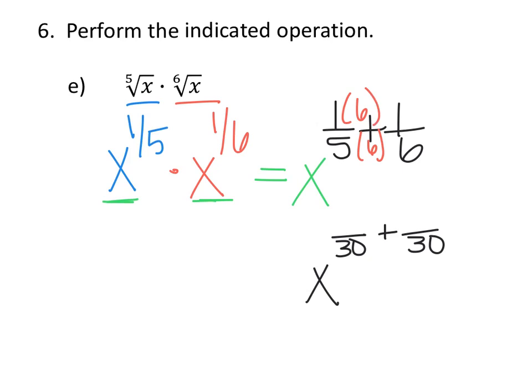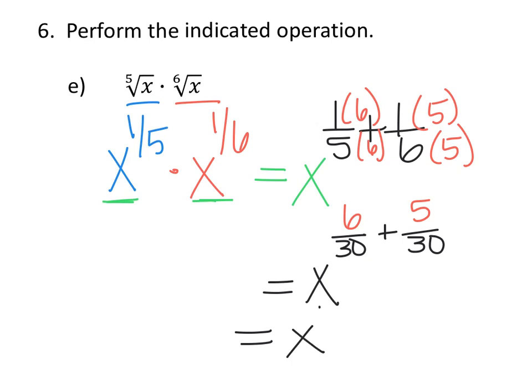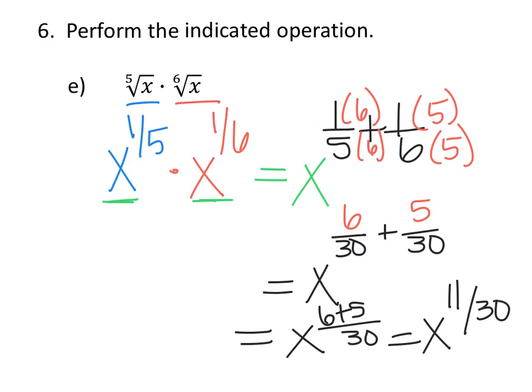So we're going to multiply by 6 at the top. 6 times 5 equals 30. Multiply by 5 at the top. So we're going to arrive with x raised to the 6 plus 5 over 30. So we have x raised to 11/30.